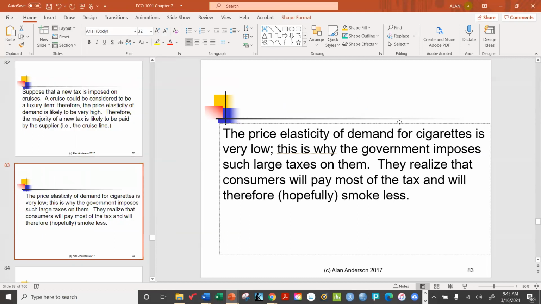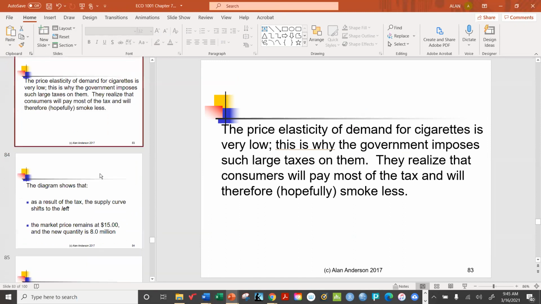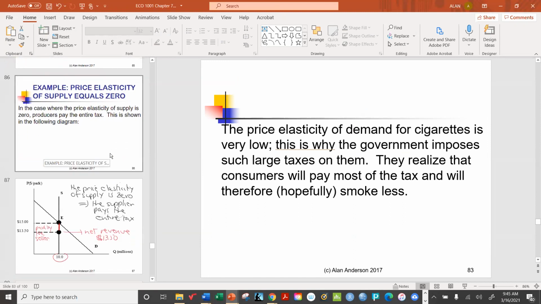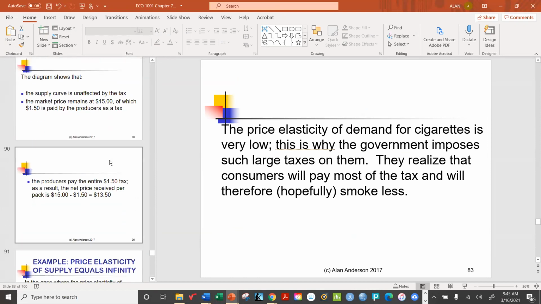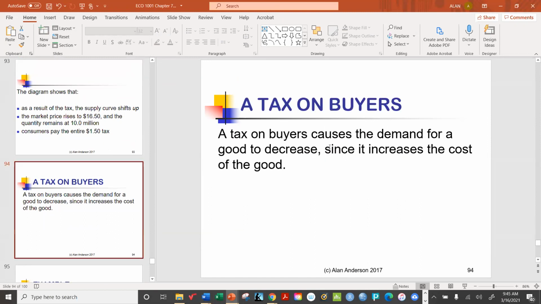The government may decide to stop pollution not by making it illegal, but by making it very expensive for the producers of the pollution, by imposing taxes on them. So this is actually a very complex area of study, and a lot of public policy is based on what we've seen here.